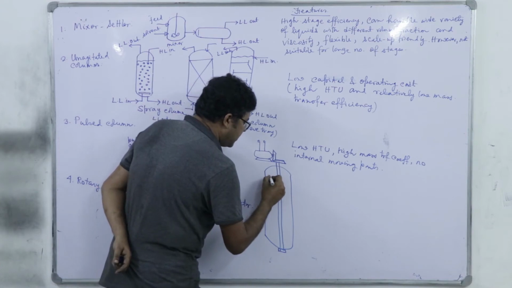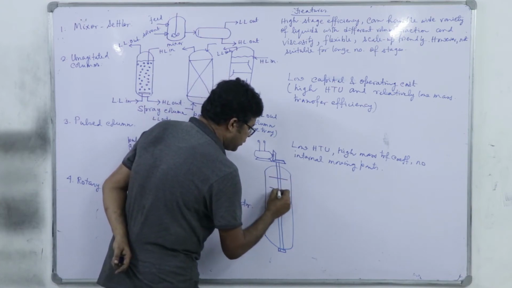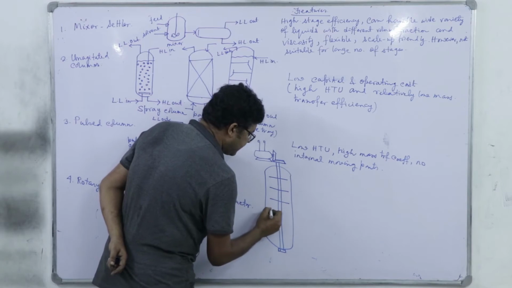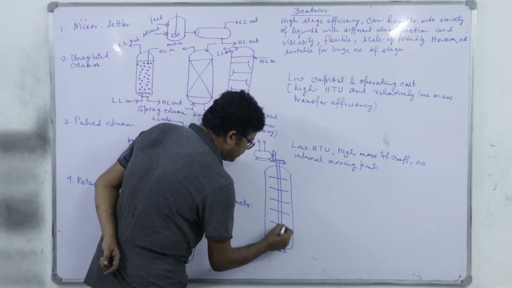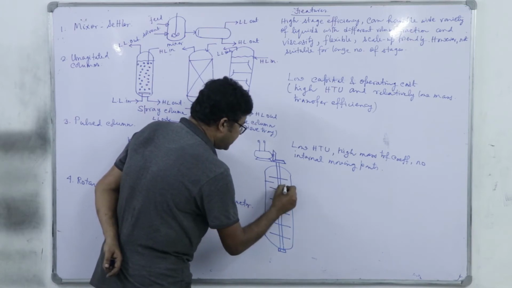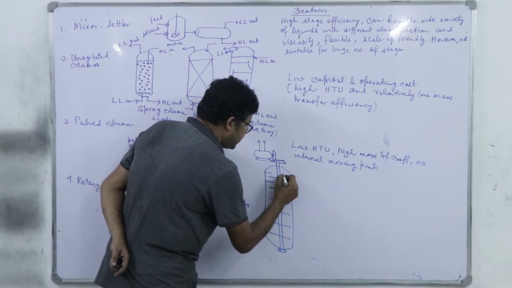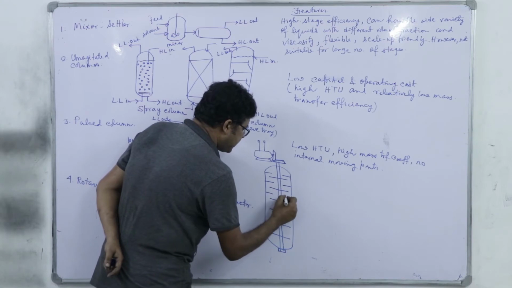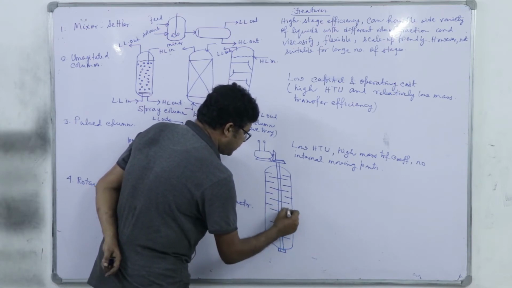So, there are plates fitted with it, which are rotors. Series of parallel plates over the entire assembly, and in between we have the donut shaped stator.